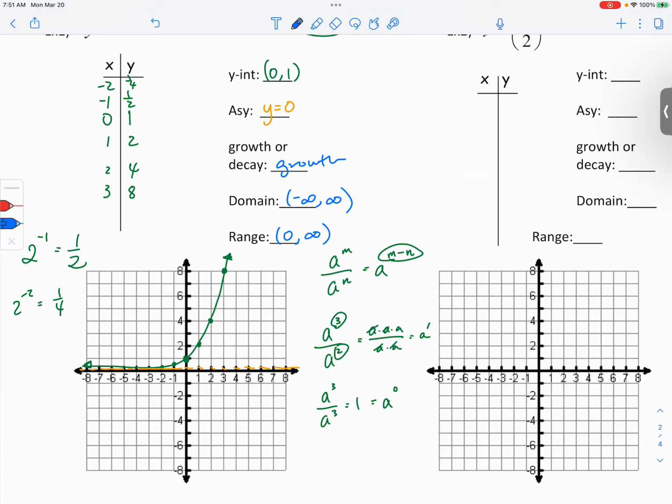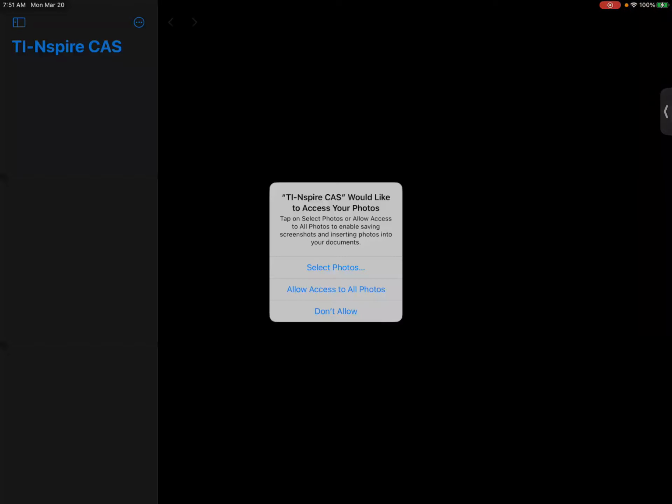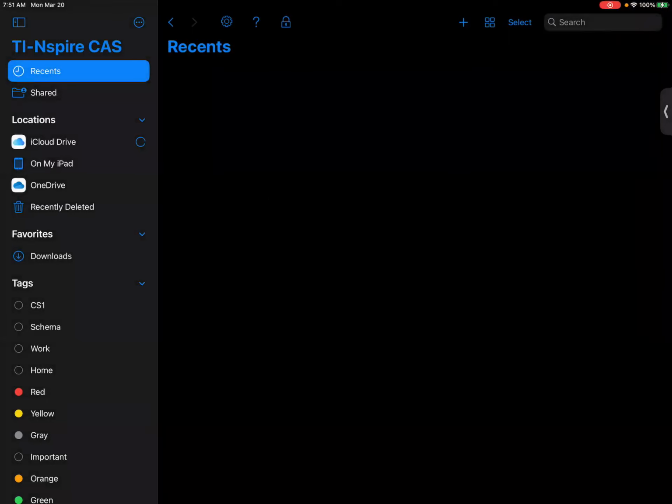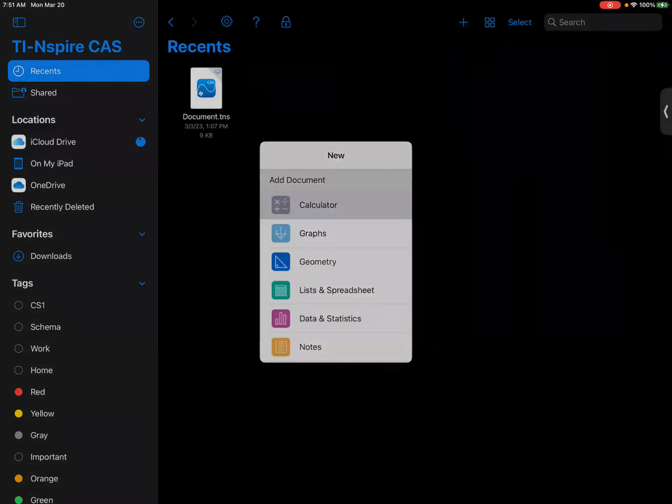It cannot be 0, all right? It can be as close to 0 as possible, but it cannot be 0. And if you ever wonder, really, it cannot be 0? I would say you can go ahead and try this out using a calculator. Sure. Let me go ahead and add a new calculator.